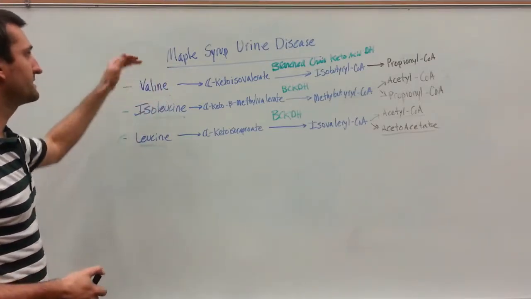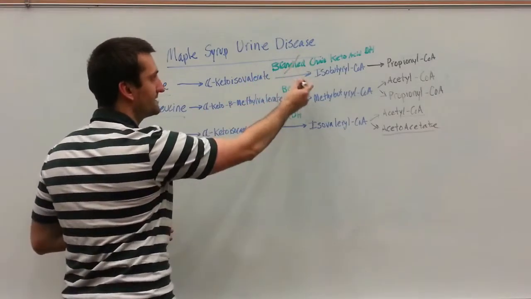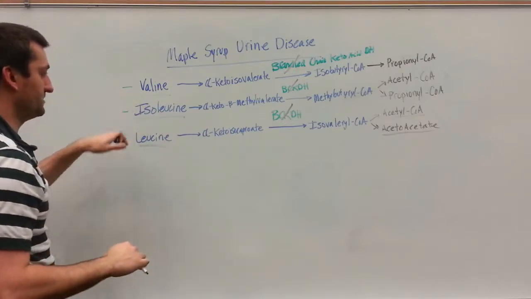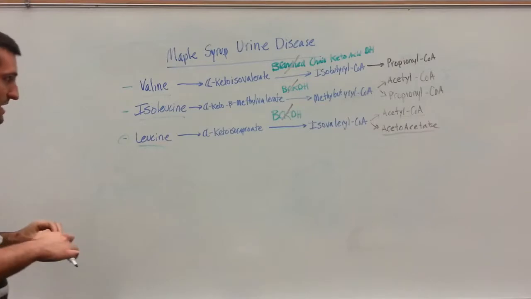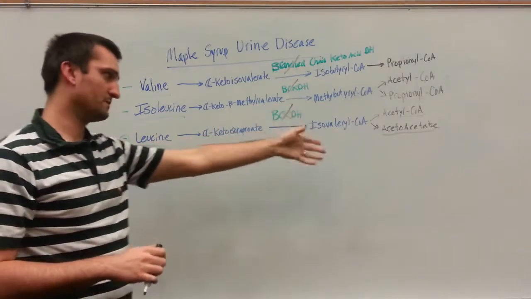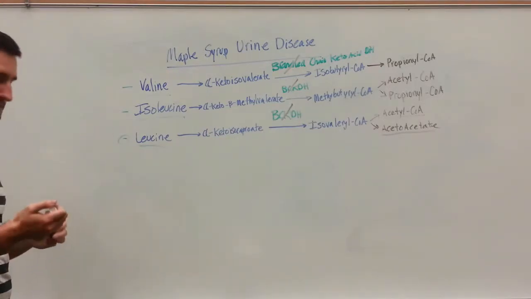So this is the basics of maple syrup urine disease. It's where you knock out this enzyme, you get a buildup of the valine, isoleucine, and leucine. You really need to avoid these branched chain amino acids, and you're not able to create the products. So you get a backlog of these amino acids.